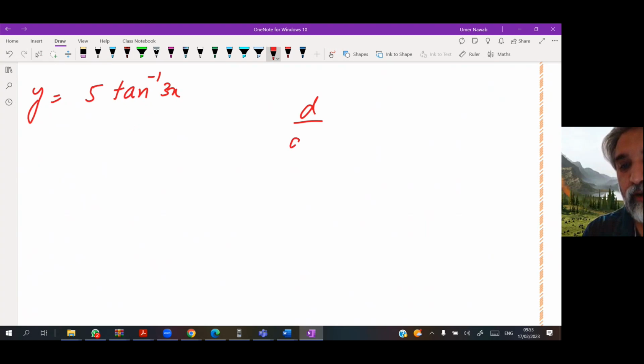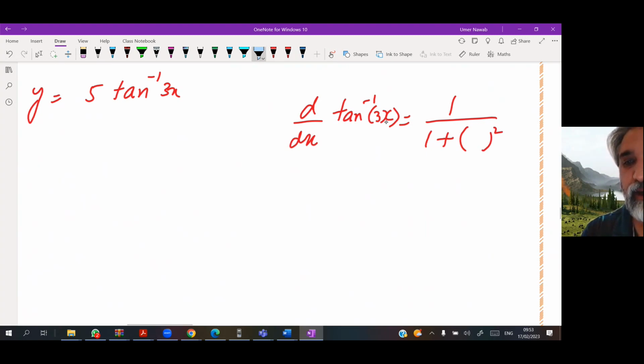The derivative of inverse tan of 3x, guys, its formula is given in MF19. This is 1 over 1 plus x squared. Whatever the argument you have, you write it here under the square. So 3x whole squared. Then the further derivative of 3x is 3. I'm going to get 3 over 1 plus 3x whole squared, which is 9x squared.